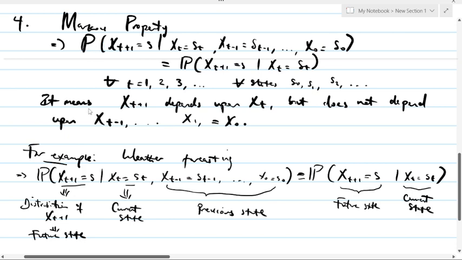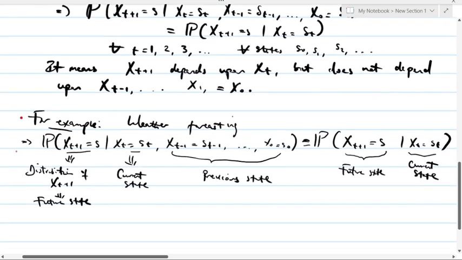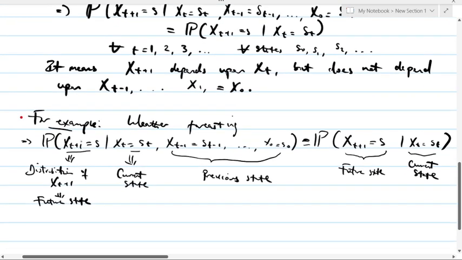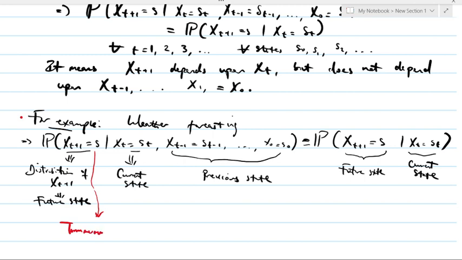So this is tomorrow's weather, the future weather, while this is the current weather.